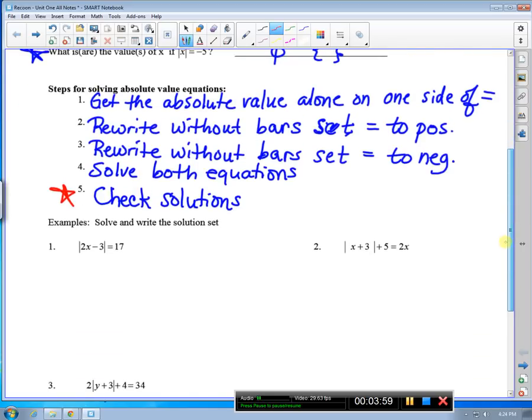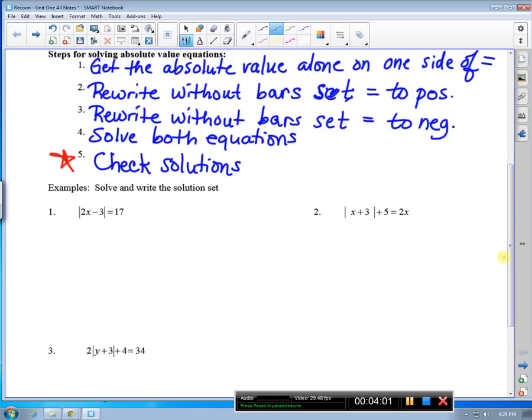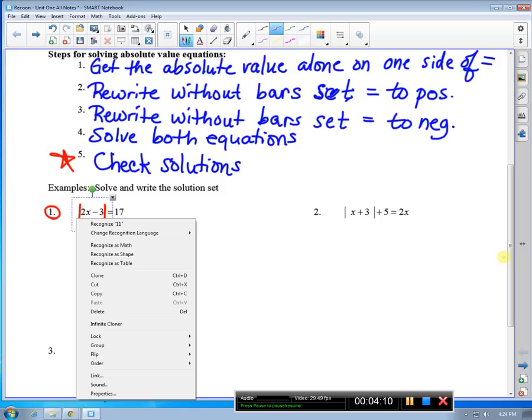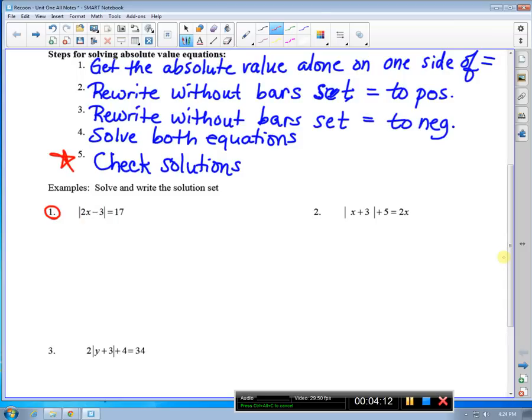Let's try these steps out on a few problems. Question number 1. Get the absolute value bars alone on one side of the equation. So they are already alone on one side. Then we're going to rewrite without bars, set equal to the positive. So that's 2x minus 3 equals 17. And rewrite without bars equal to the negative.